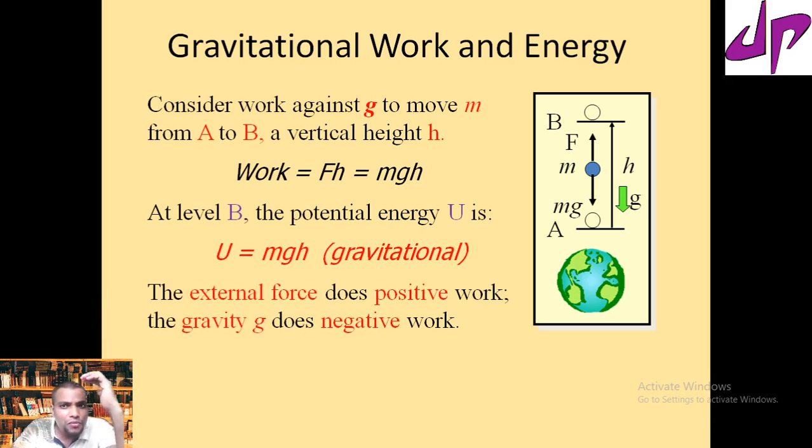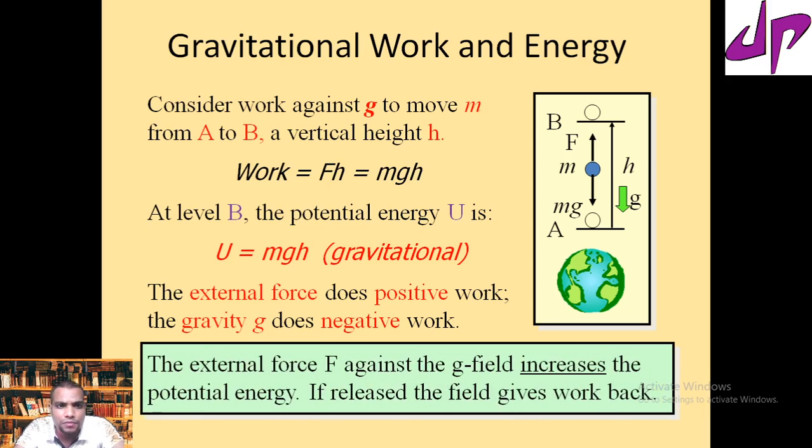Now the external force here means I myself take the object and keep it at point B, which means I did positive work against gravity. If I did positive work, what does gravity do? It does negative work because it's a conservative force.